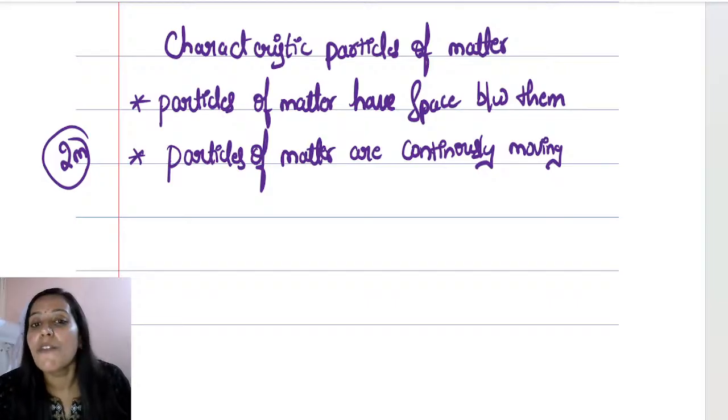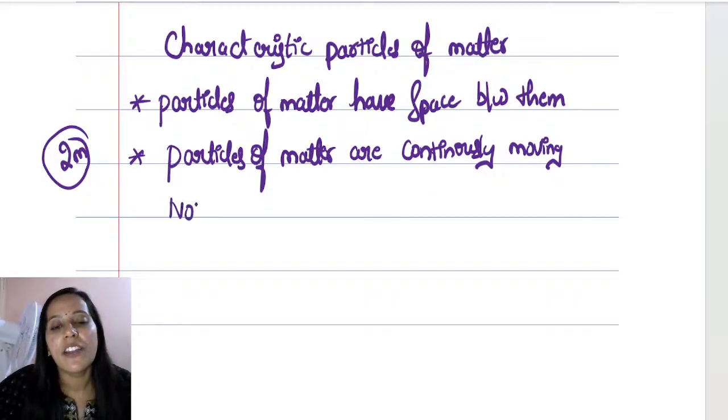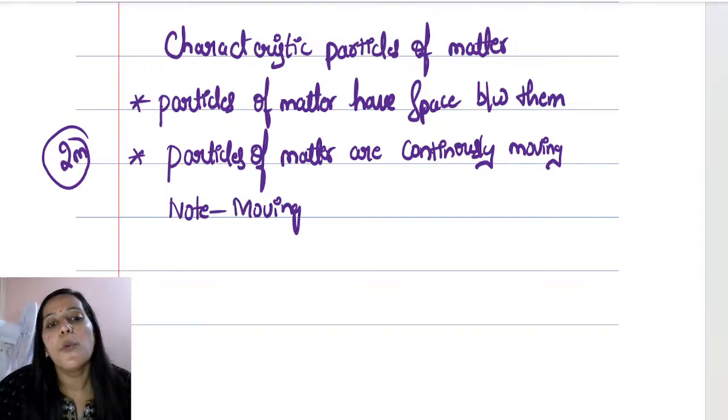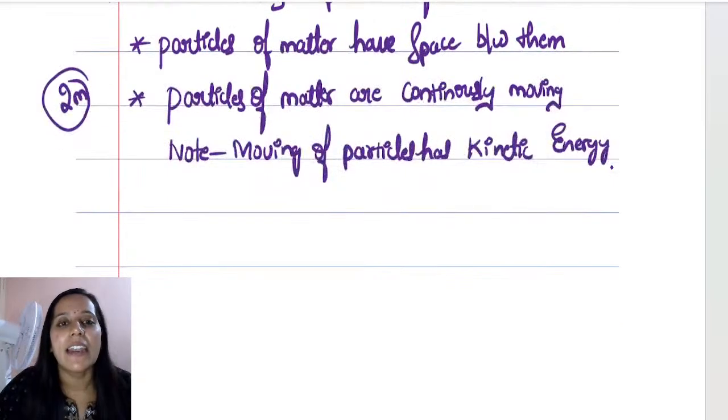See, particles of matter are continuously moving. So you have to note here, children, note: moving particles have energy. Moving particles have what kind of energy? Kinetic energy. Moving particles have kinetic energy, children. And what happens to this kinetic energy?